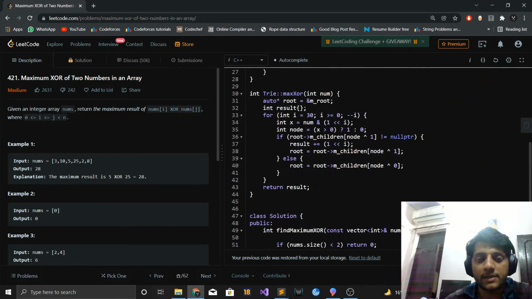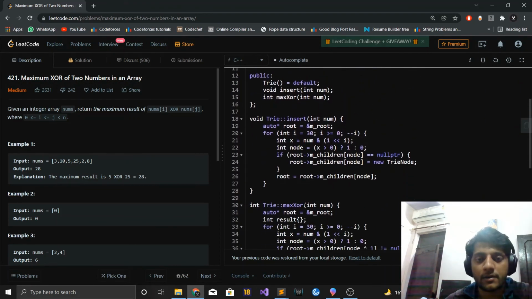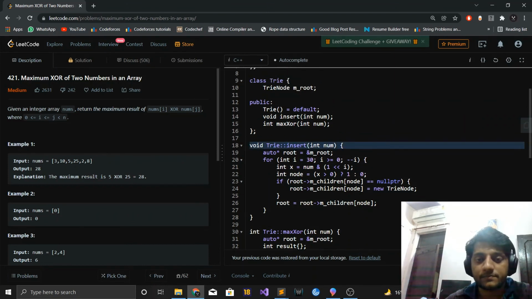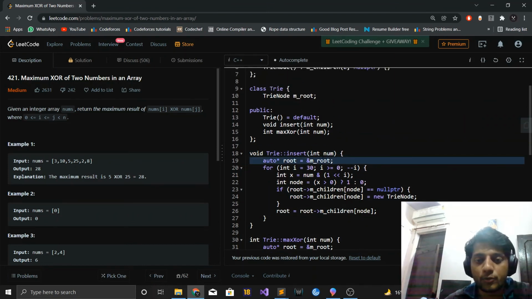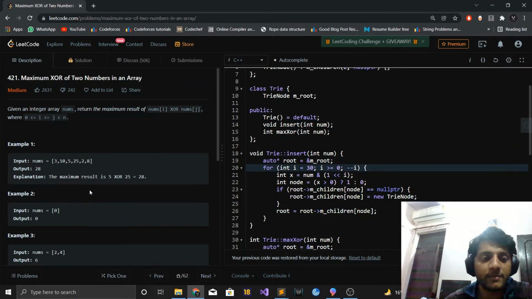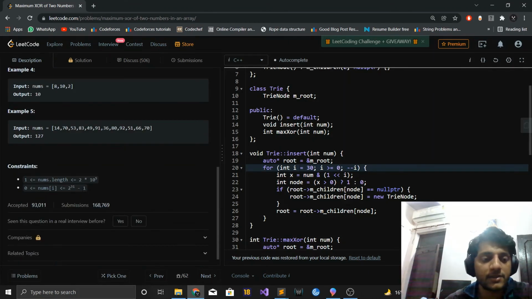Okay, let me explain how the insert and max XOR are working. So here is the insert. We are initially at the root node, and the maximum value of an integer in the array would be 2 raised to power 31 minus 1, that is, we need 31 bits. Hence the height of the trie would be 31. So that's why I'm iterating 31 times here, from i equal to 30 to i equal to 0.